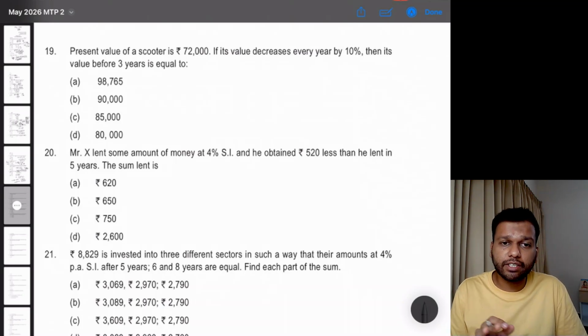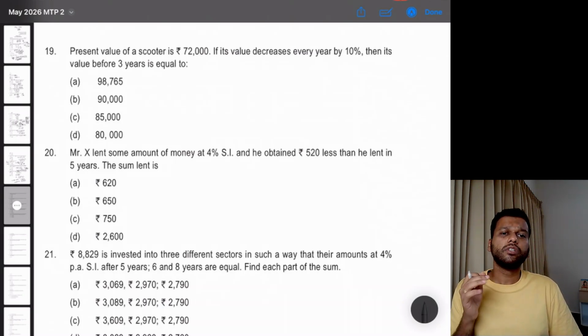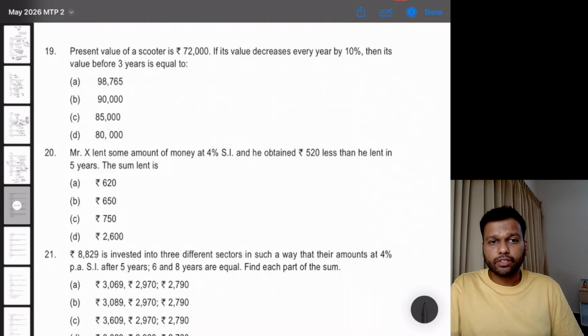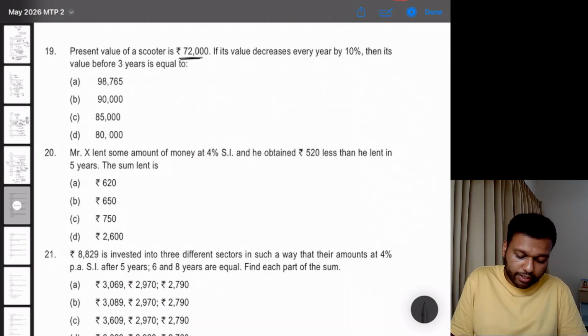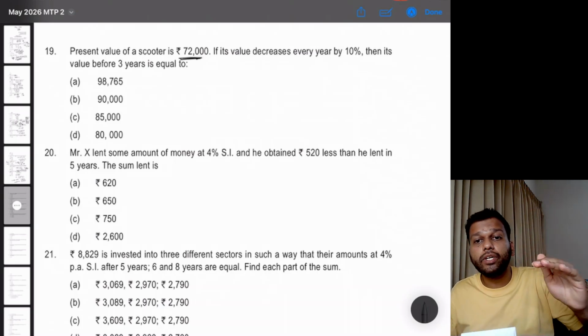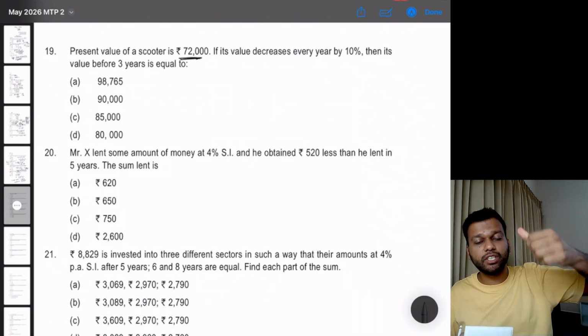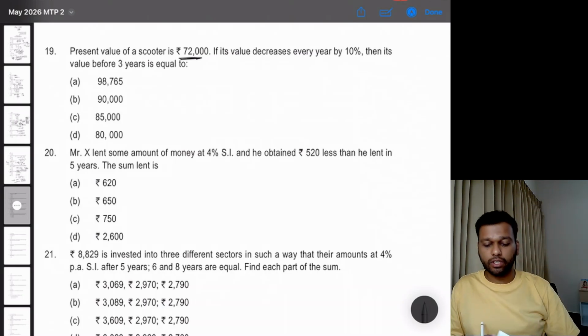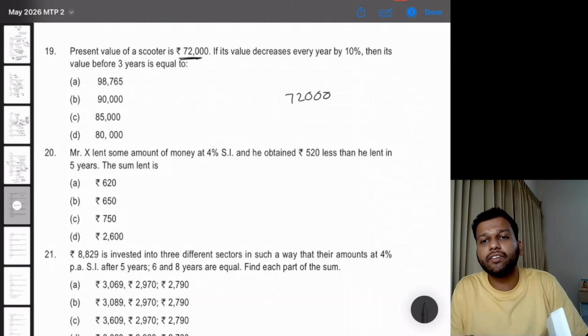Okay. The present value of a scooter is 72,000. If its value decreases every year by 10%, then its value before 3 years is equal to what? Today's value is 72,000, and value decreases every year by 10%. We want the value 3 years back. How did we get 72,000?